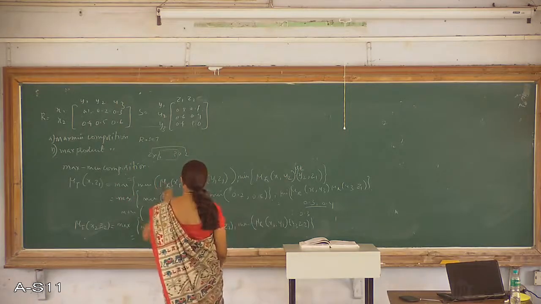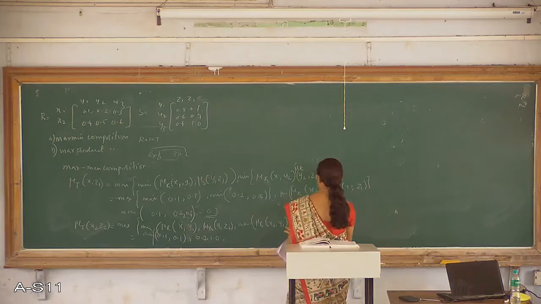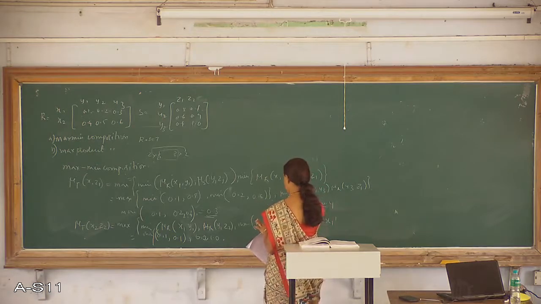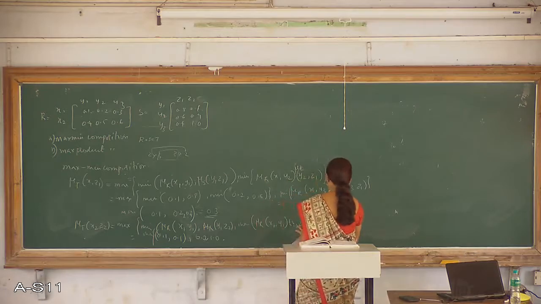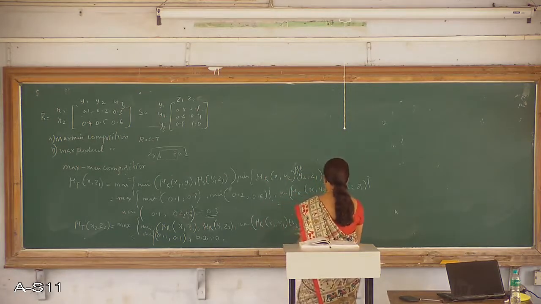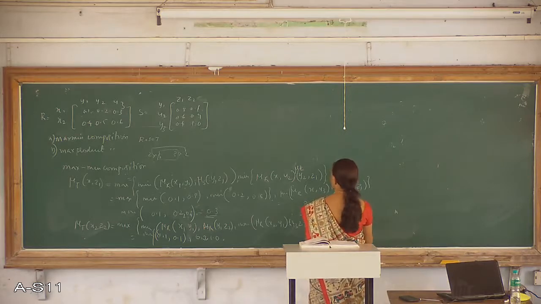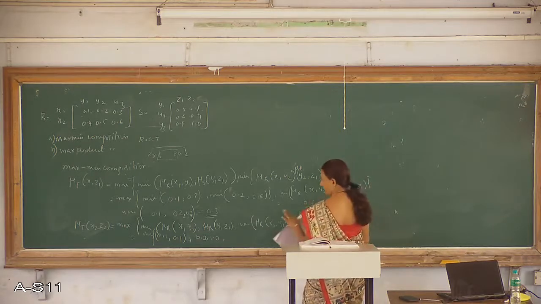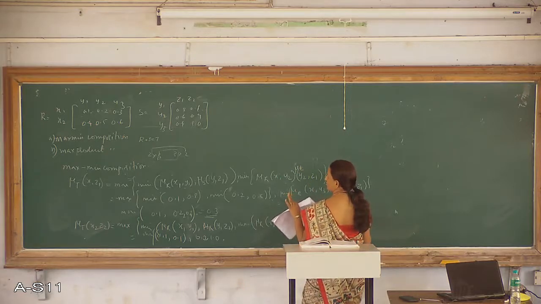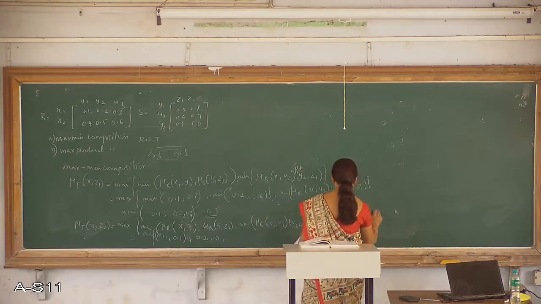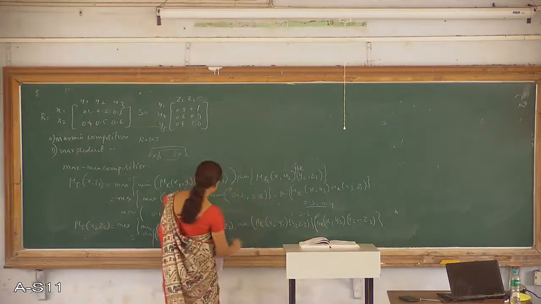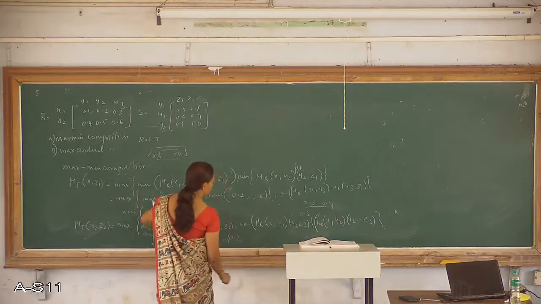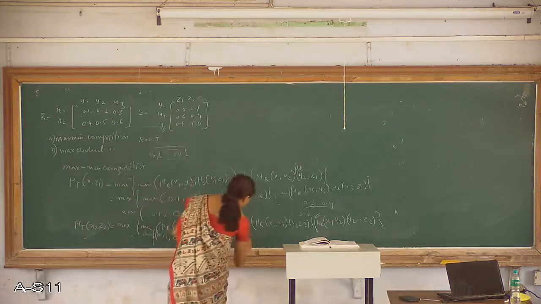Then I may have mu R of x1 y2 and y2 z2. x1 y2 will be 0.2, and y2 z2 will be 0.9.